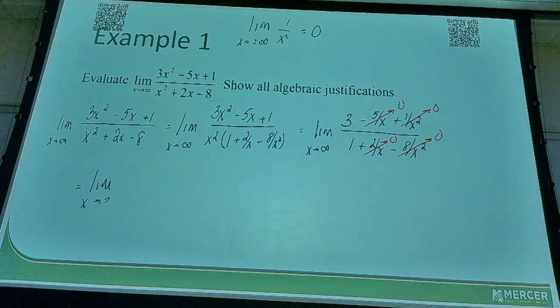So with the limit laws, getting rid of those terms that go to 0, we're going to be left with just the limit of 3 over 1, which is a constant. That's 3.